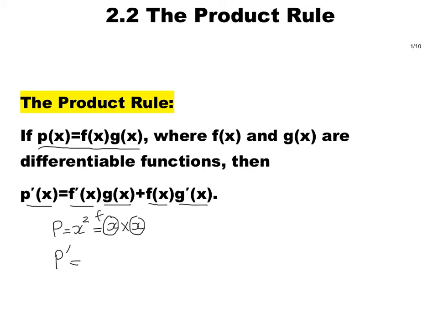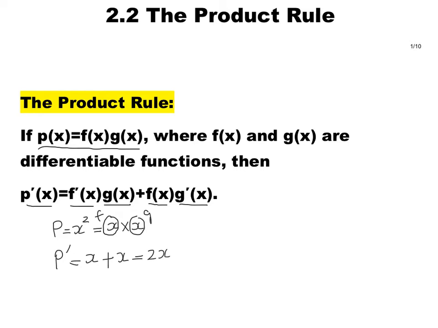The derivative of x is 1, so 1 times g, which is x, plus the derivative of g. G is x again. The derivative of x is 1. 1 times x gives you x. x plus x gives you 2x.